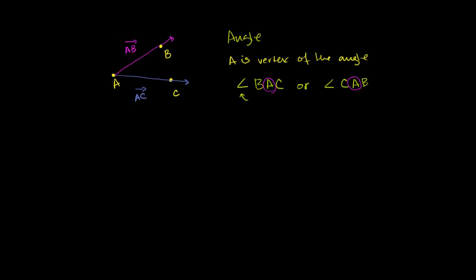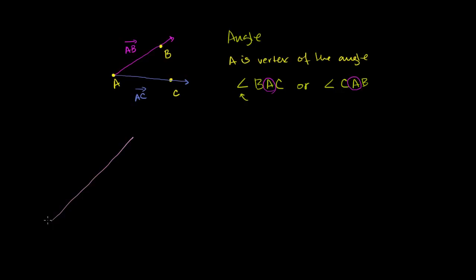To see that, let me show you another diagram. Although the geometric definition of an angle involves two rays that have the same vertex, in practice you're going to see many angles that are made up of lines and line segments. You could imagine that you could continue those line segments on in one direction, and then they would become rays, so they're consistent with this definition. But let's say I have one line segment that looks like that.